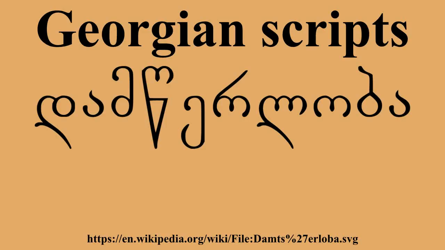Decorative Asomtavruli capital letters, 12th to 13th century. From the 11th century, flowery, arrowy, and spotty decorative forms of Asomtavruli developed. The first two are found in 11th and 12th century monuments, whereas the third one is used until the 18th century. Importance was attached also to the color of the ink itself.